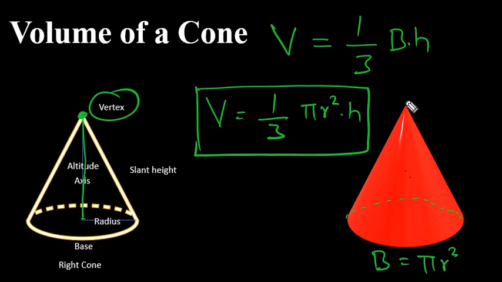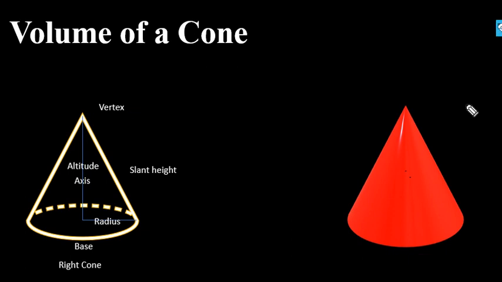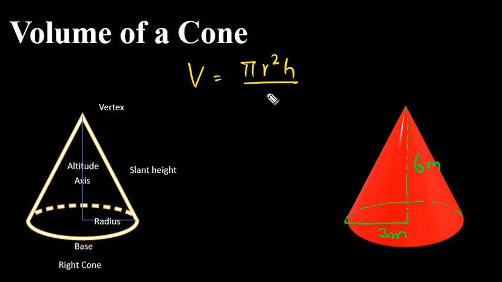Now let's try some questions. The first question: let me completely draw the cone here. If the radius of this circle is 3 and the height of this cone is 6 meter, then what will be the volume? Volume is equal to pi r square h divide 3.